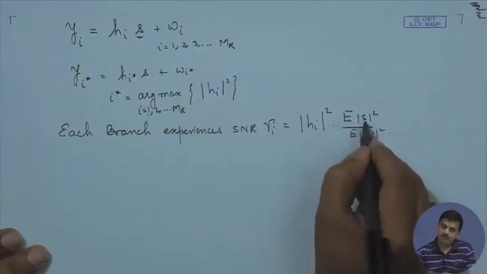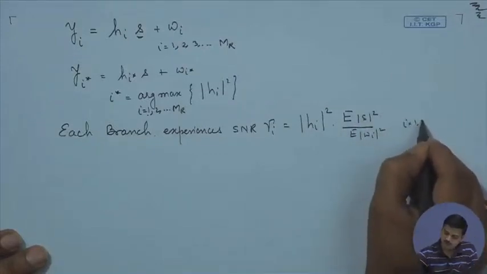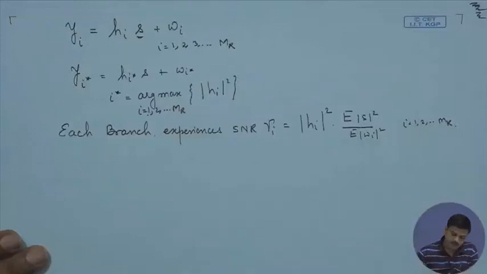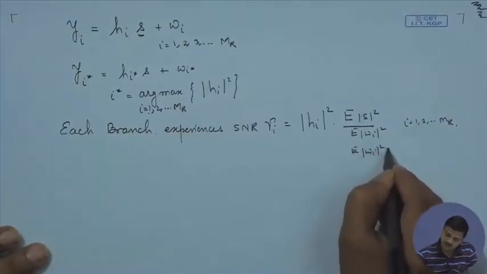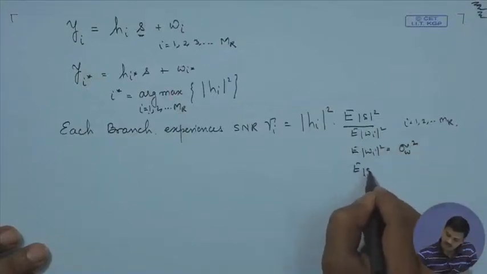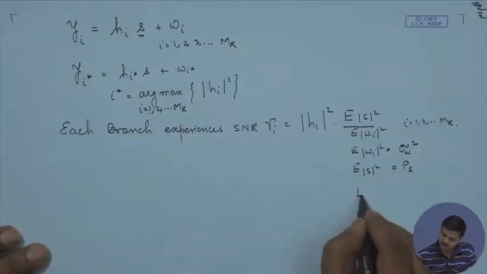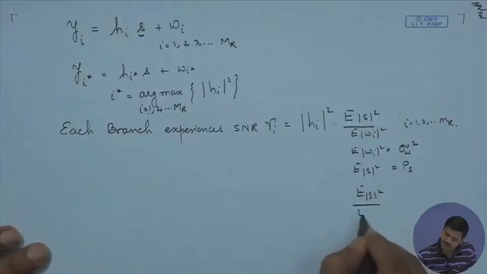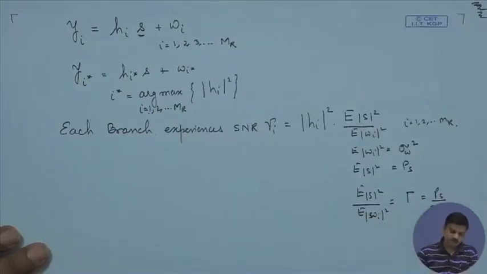E of s squared is the signal power, E of w_i squared is the noise power, for i equal to 1, 2 up to m_r. E of w_i squared would be equal to sigma_w squared, and E of s squared would be equal to P_s. This is the convention that we use, and E of s squared over E of w_i squared would be represented as gamma, which would be P_s by sigma_w squared.